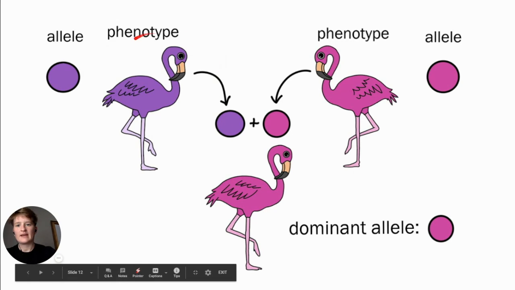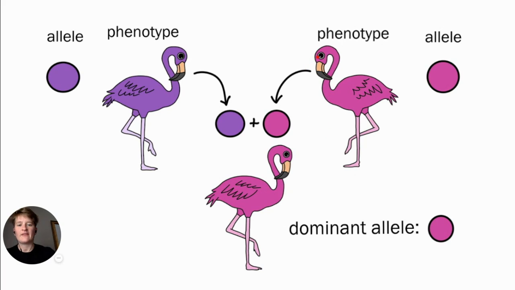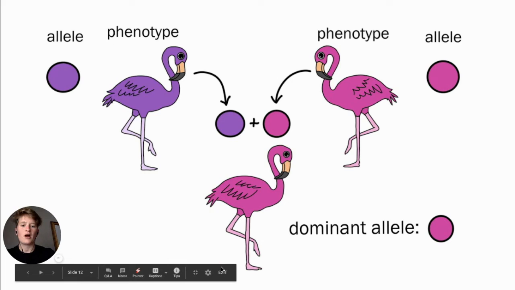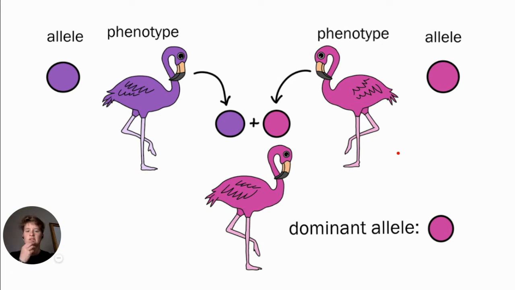So when we take a purple flamingo and a pink flamingo and they cross, so they make a baby, their offspring, or their baby, is also pink. So let me ask you a question. Which trait is dominant? Pink feathers or purple feathers?